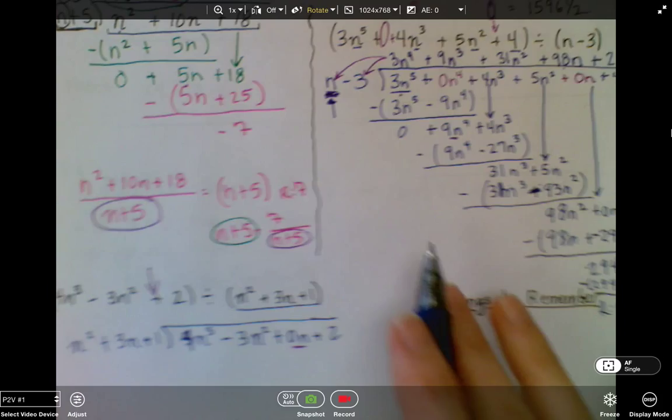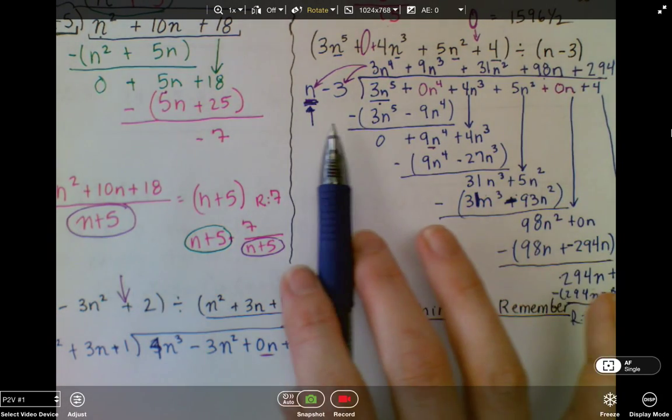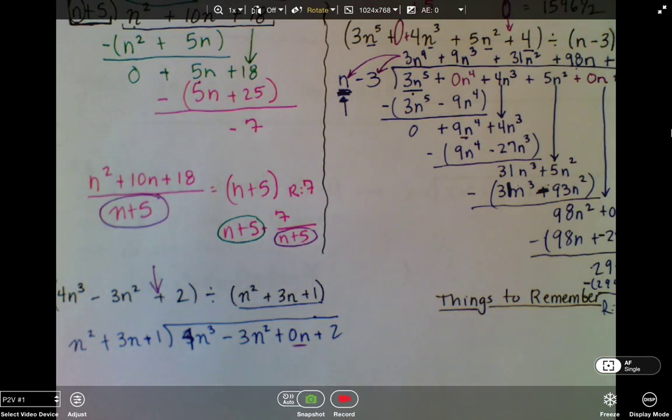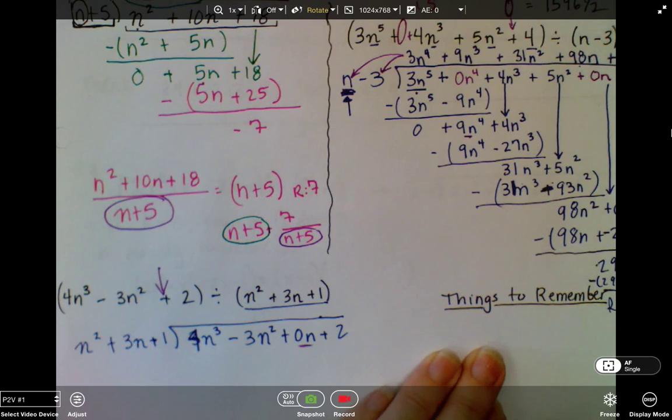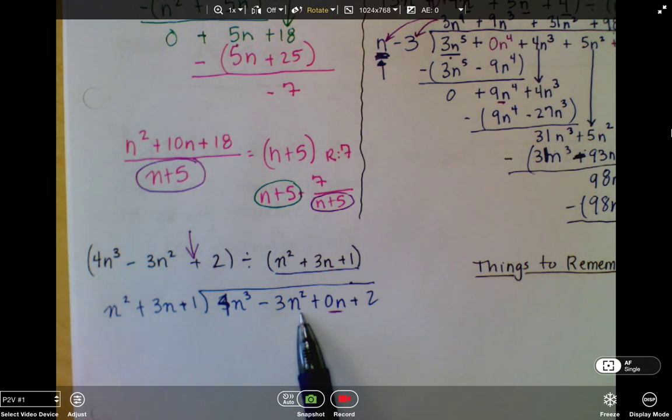So there are some cool things you can do when you take a big long polynomial function and divide it by a linear function. There are some neat tricks that we can do. For now, we're going to be doing long division, but here's the thing. None of those tricks work on quadratics into a larger polynomial. You have to know how to do long division to deal with these.